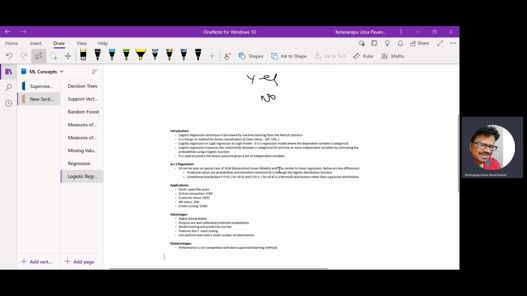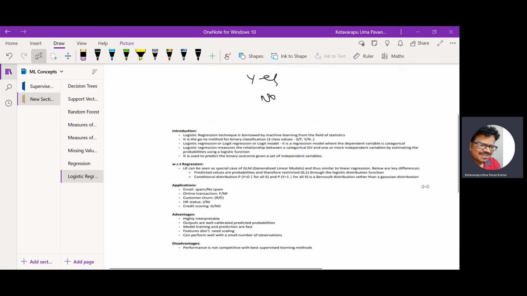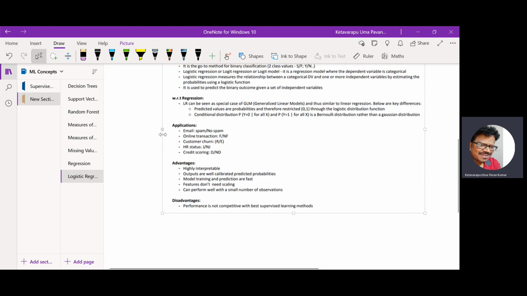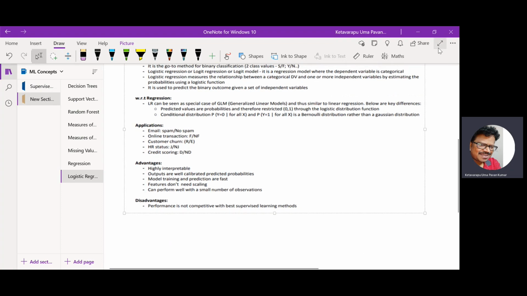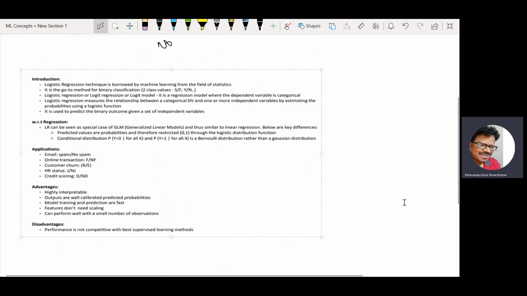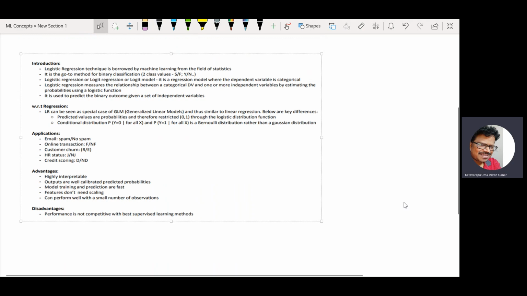See here, guys, I have compiled this particular information for us to discuss. Just observe here. Logistic regression is a technique borrowed by machine learning from the field of statistics.